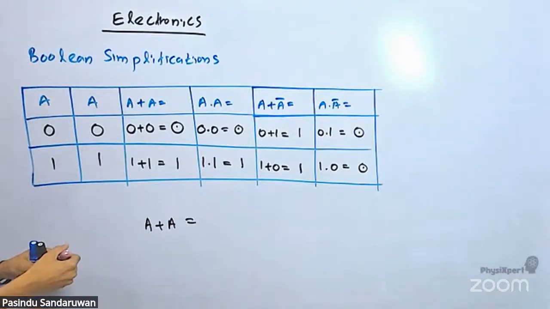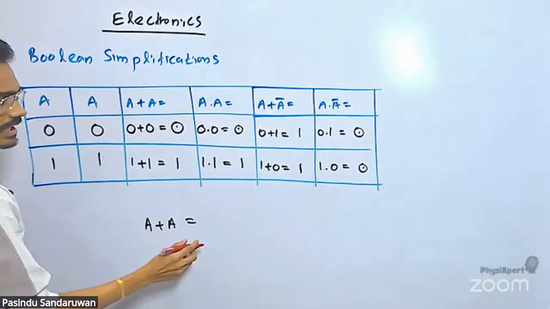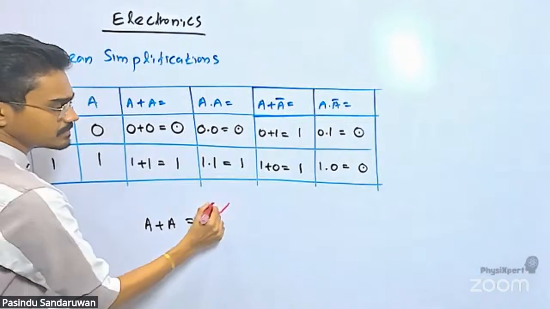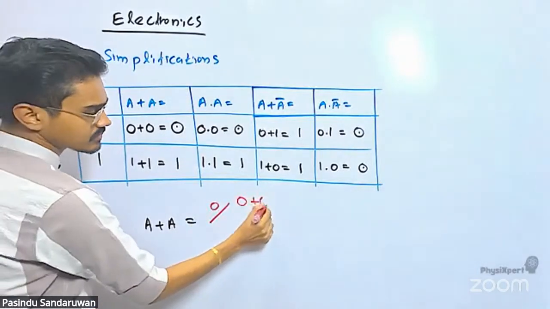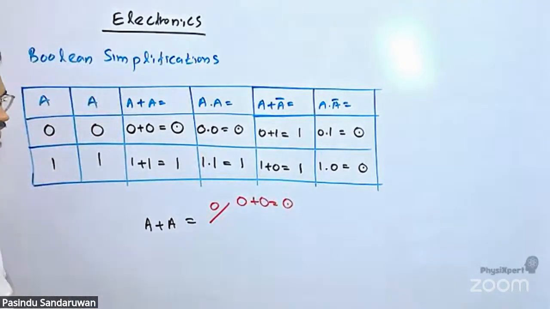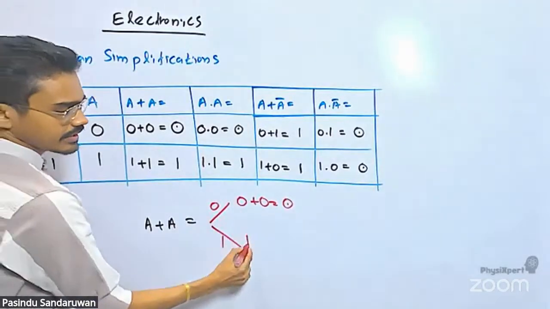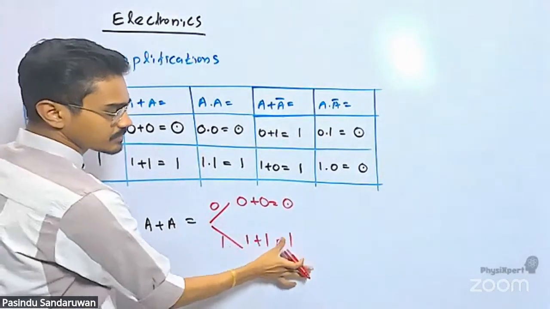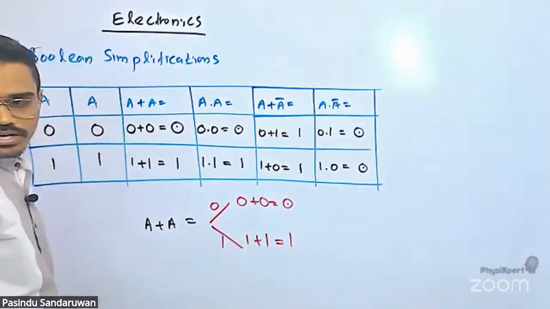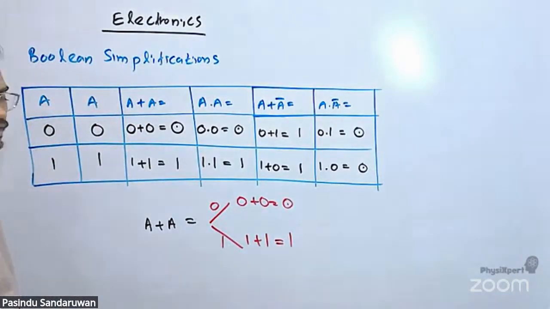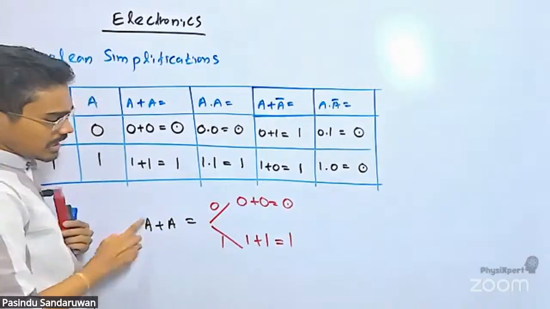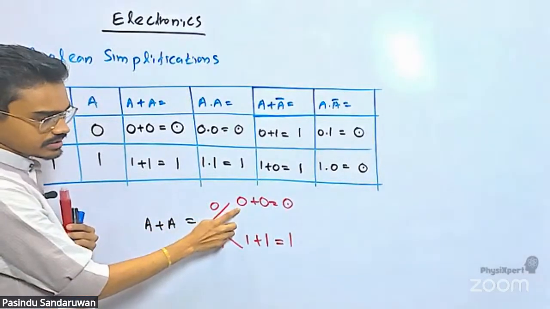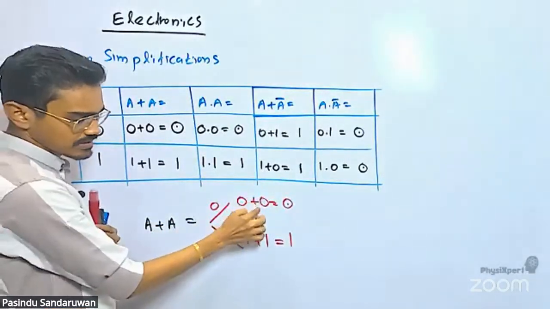Now it has only two possibilities, either 0 or 1. When A becomes 0, it is 0 plus 0 and it has become 0. When A becomes 1, it is 1 plus 1 and it is 1. Right? Now, when you have 0 here, the answer is also 0. 0 plus 0 is 0.